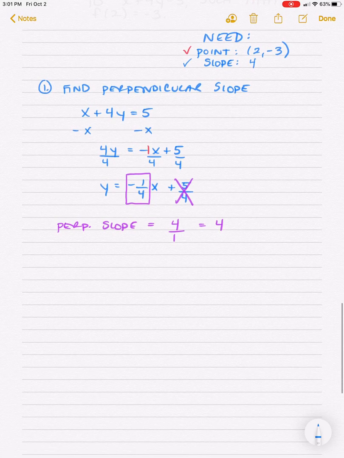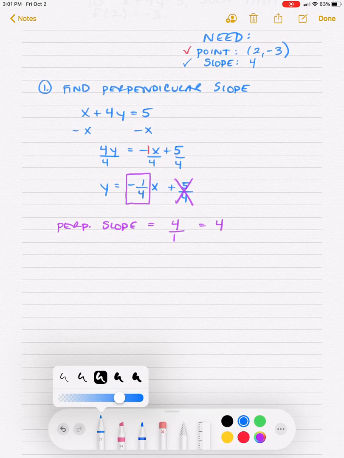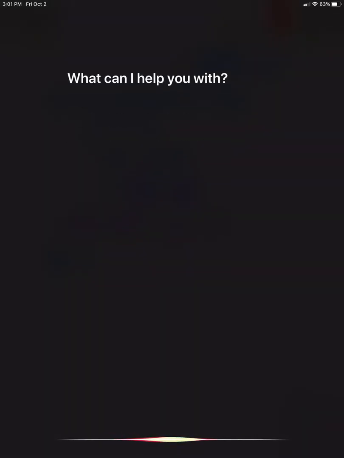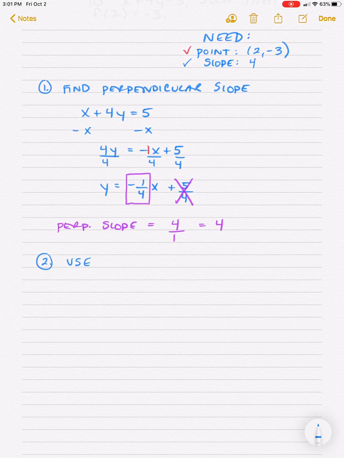So step 2. You are going to use m equals 4 and the point 2, -3 to write the equation in point slope form.